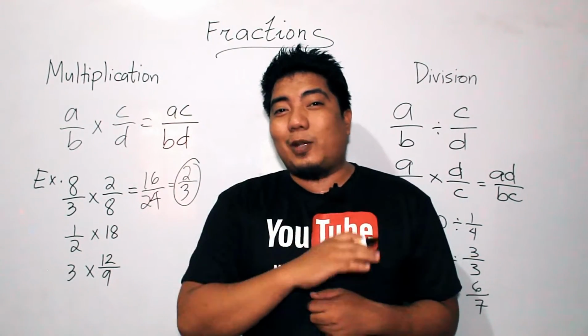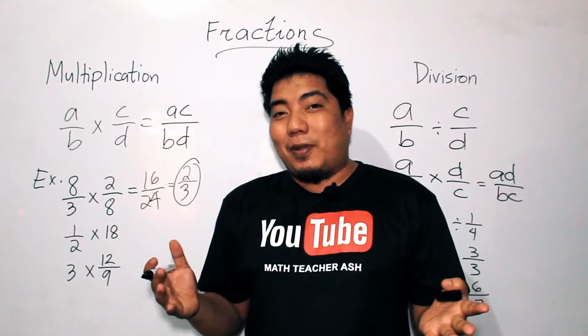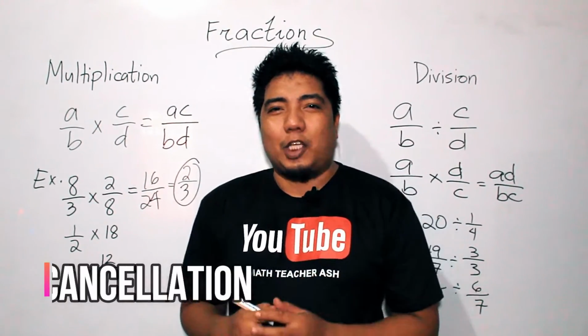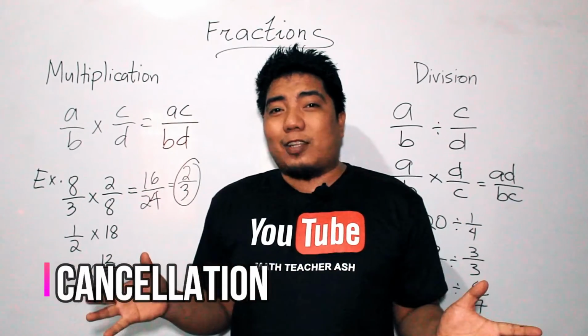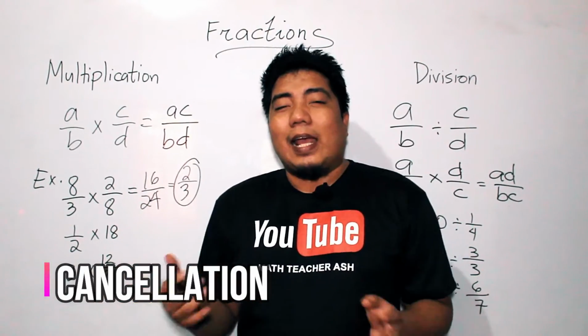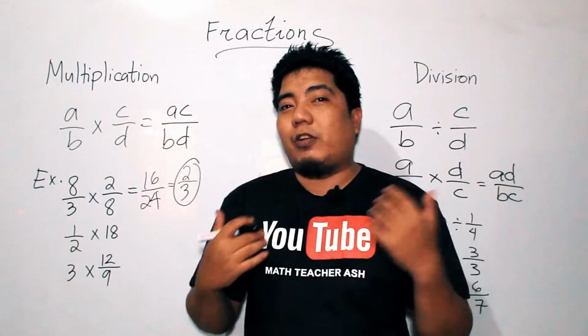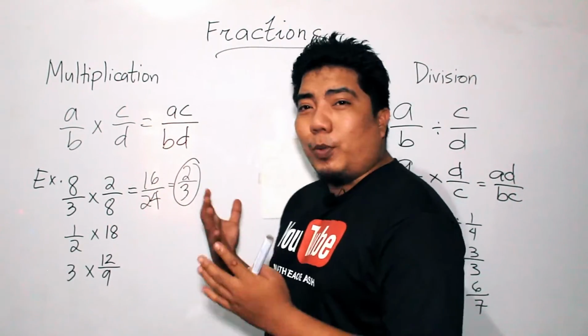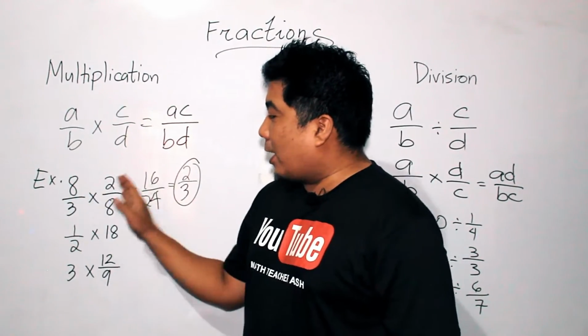However, there is a way for this answer to be simplified faster. This is the process of cancellation. If you have common factors that can simplify the numerator and denominator, you can use them before multiplying. How do we do that? This is 8 over 3 times 2 over 8.